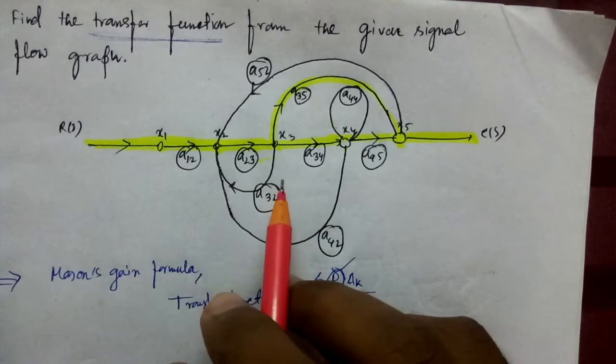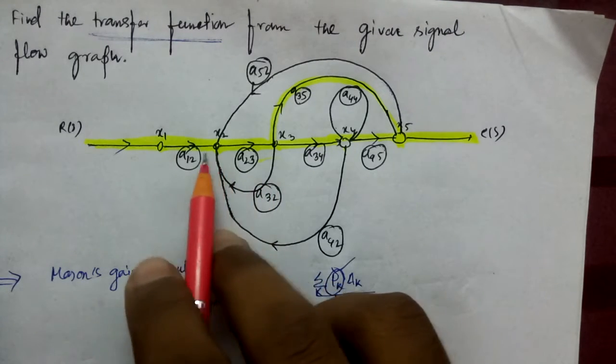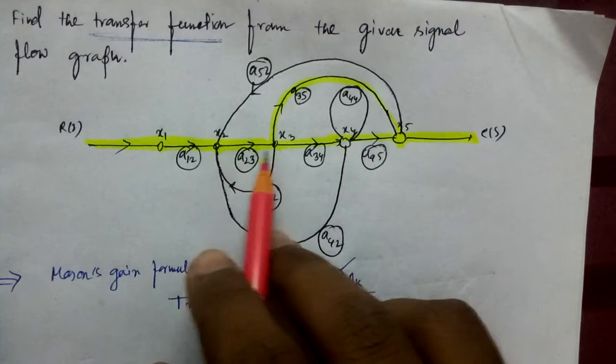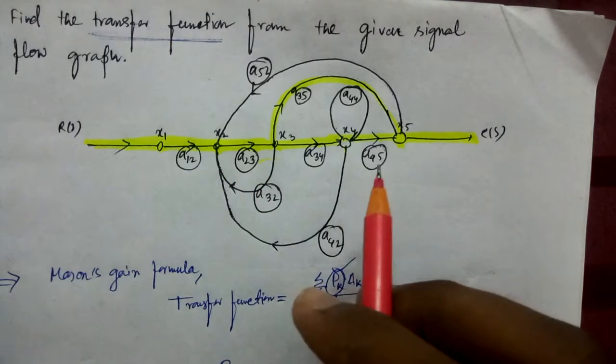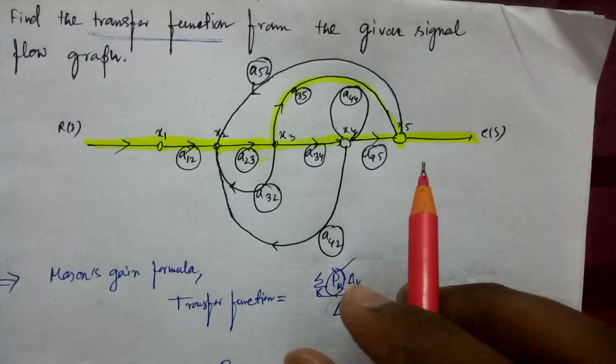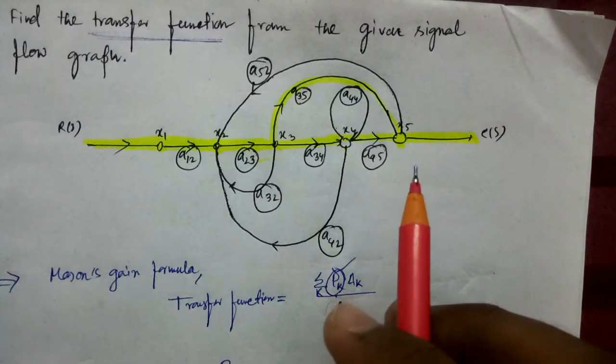And this is actually the key point. If you don't understand or don't recognize how many loops are there, the total transfer function expression will be wrong.